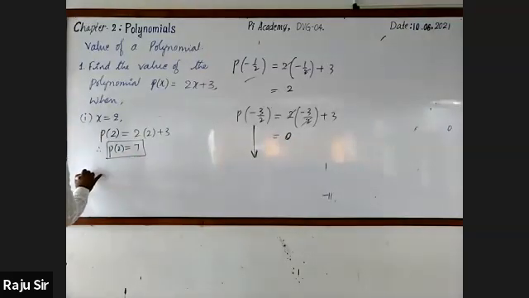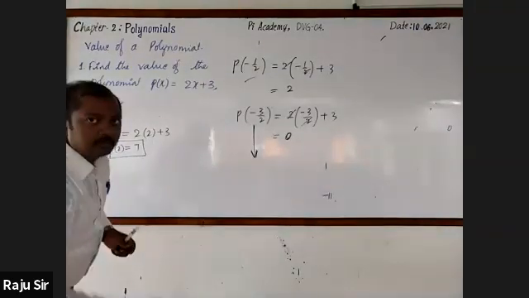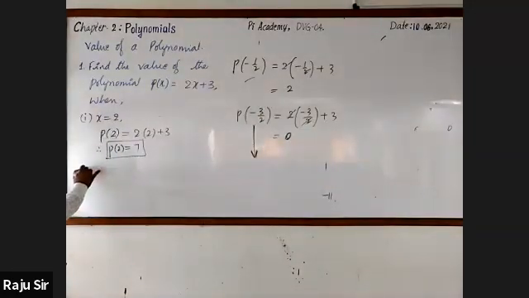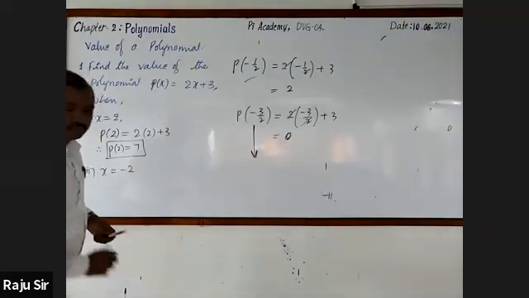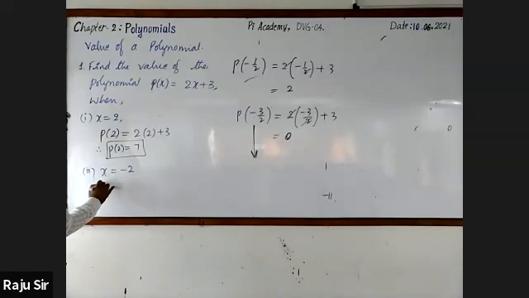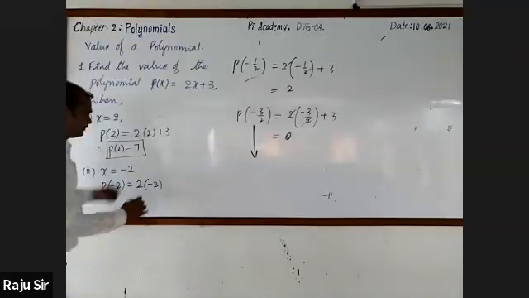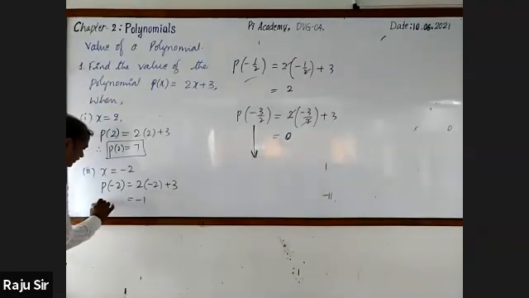Next, the second one, when x is minus 2, then p of minus 2 is equal to 2 into minus 2 plus 3, which is minus 4 plus 3, minus 1. Therefore, p of minus 2 is minus 1.